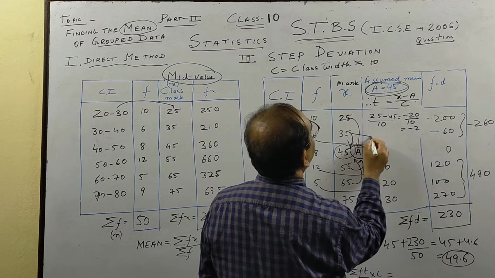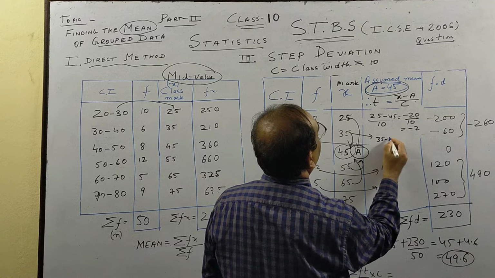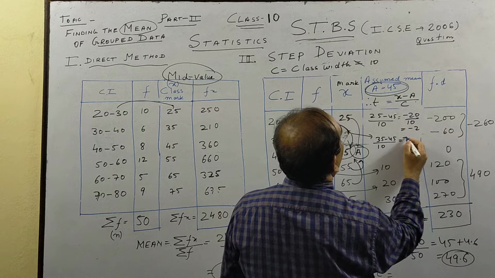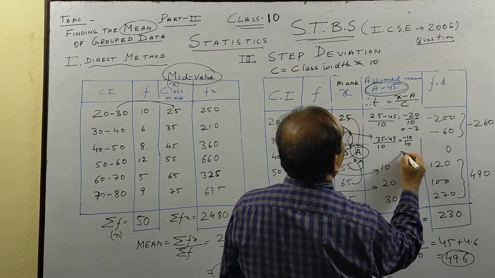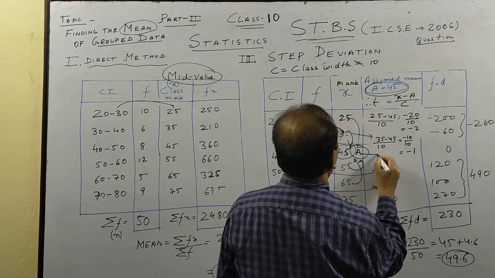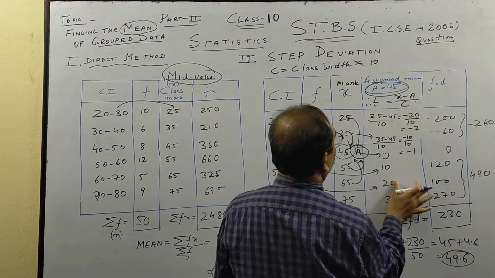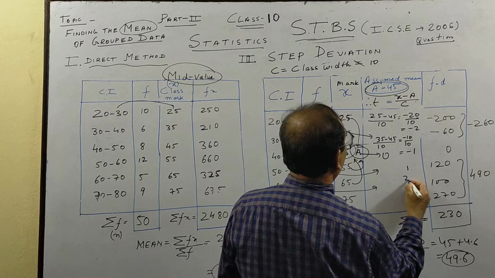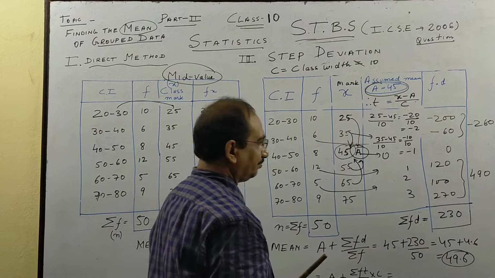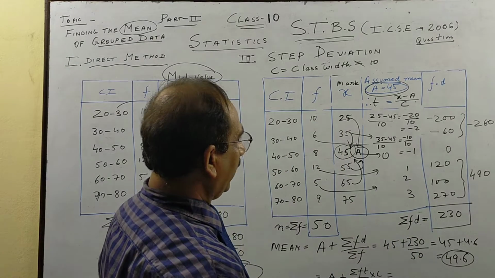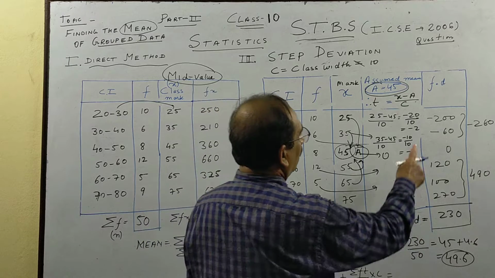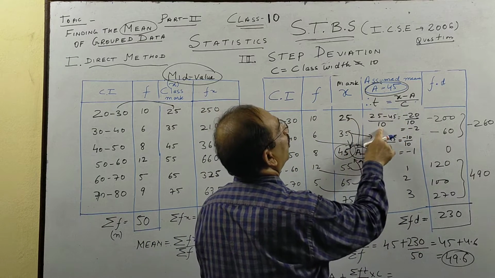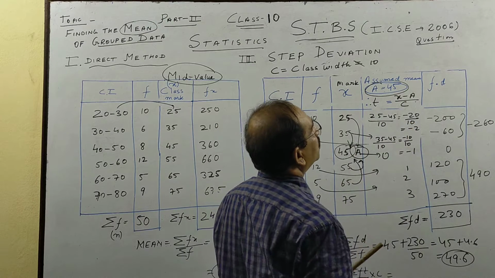Same way here we will get 35 minus 45 by 10, which is minus 10 by 10, which is minus 1, and this will be 0. And same way you will see, we get 1, 2 and 3. So here, this minus this upon 10, you get minus 2 here.